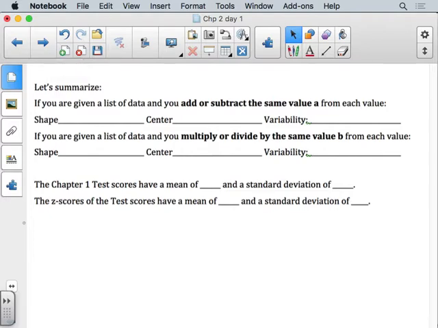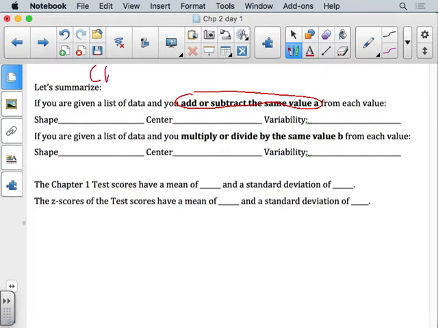All right, so let's summarize, and then I'm going to give you some examples. If you are given a list of data and you are told to add or subtract the same value from each data point, what does that do?